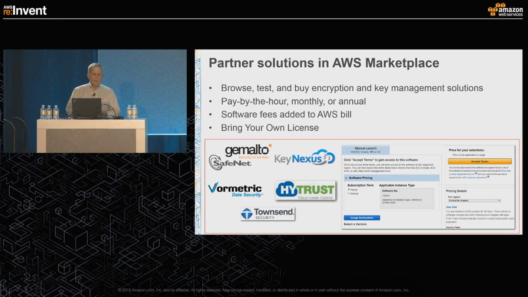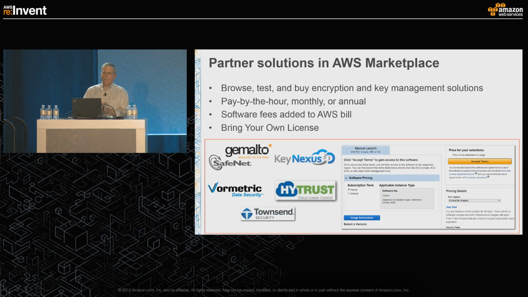Okay. So let's say you still don't want to use a service that's offered by AWS. What else can I do? So we have several partners. There are 5 that we work with pretty commonly right now that offer solutions where you can trust them and their software implementations to manage keys and provide those keys to your applications.